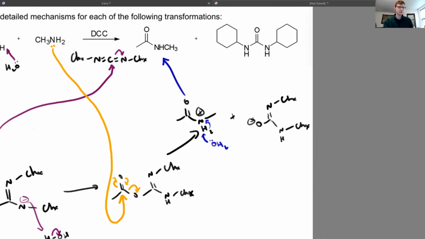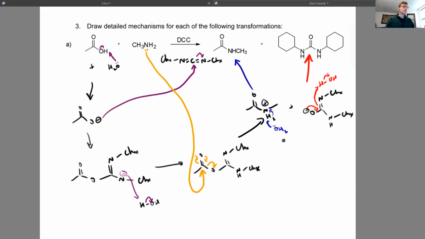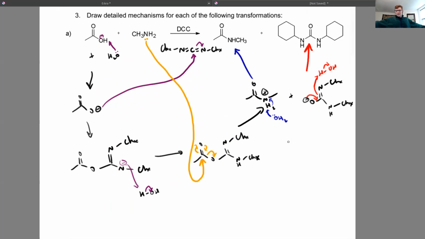Move some electrons. So just push those electrons down and then push those electrons back onto the N. Okay. And it's going to need to grab a hydrogen. Yeah. So let's just pluck that off of water right away. Okay. And that's it. Oh, we made it. Nice. Okay.